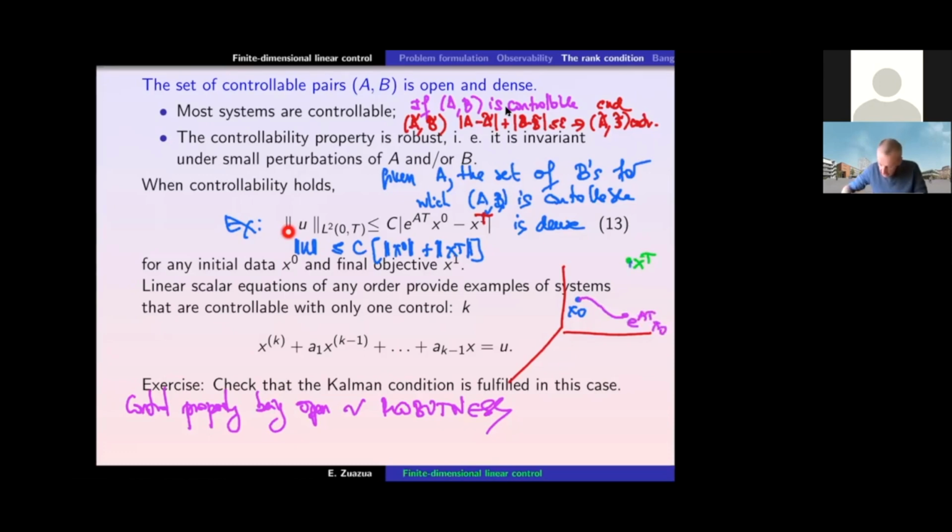This is really the gap you need to fill with the control u, right? Okay, that's all. This is what the property tells you.